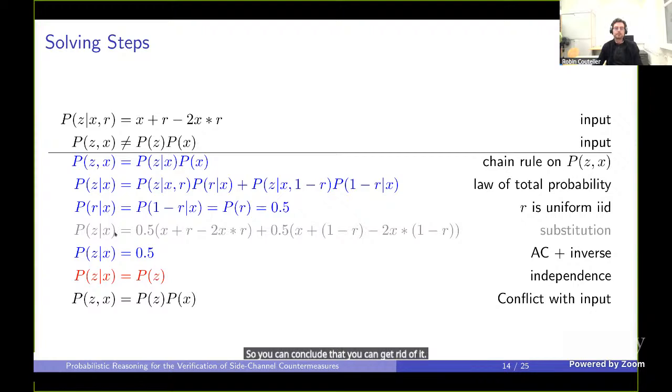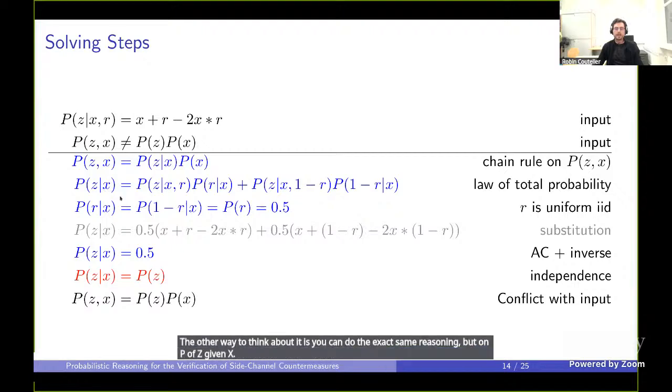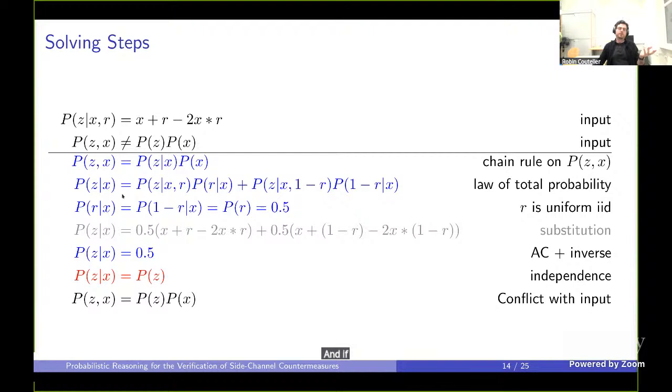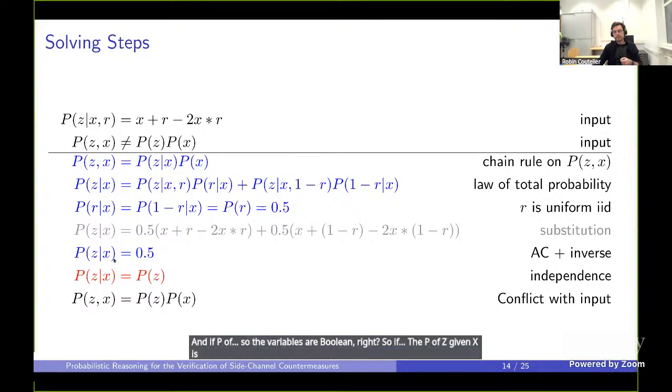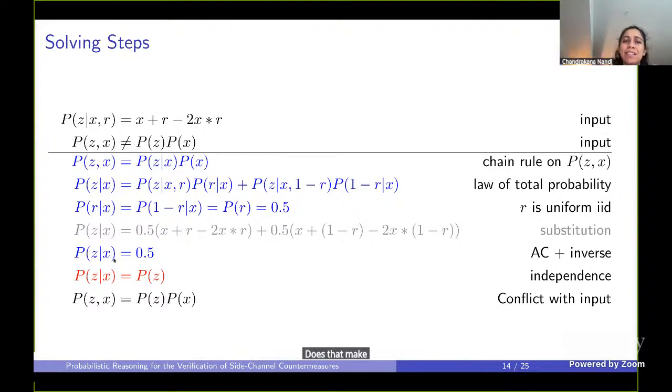The other way to think about it is you can do the exact same reasoning on P of Z given not X. The variables are Boolean, right? So if P of Z given X is equal to P of Z given not X, which are the only two values you can have for X, that means that P of Z is independent of X. I'm saying that is the context that you need.